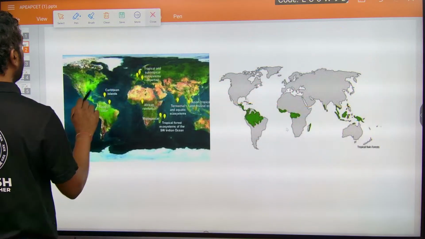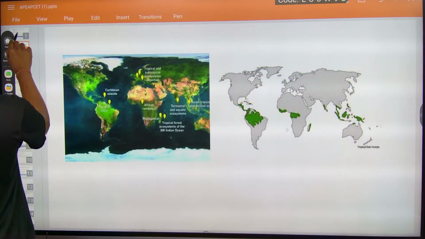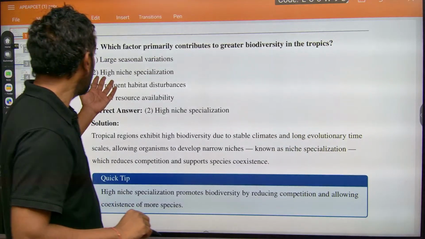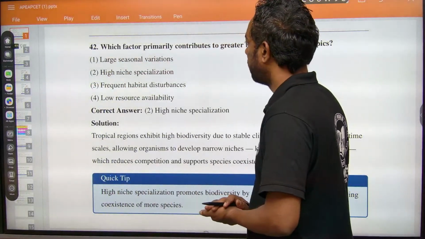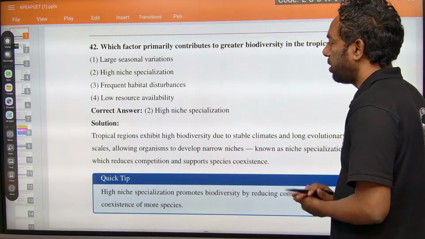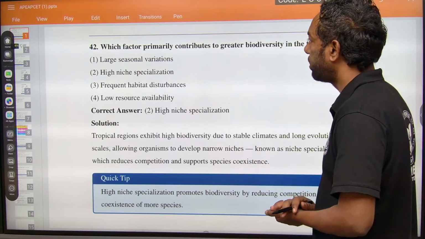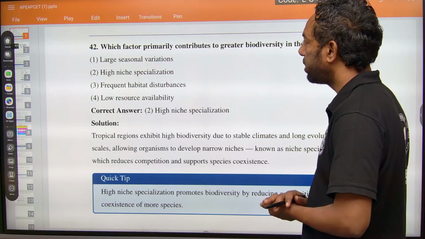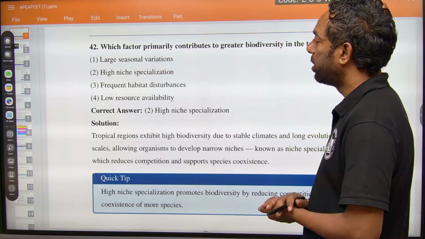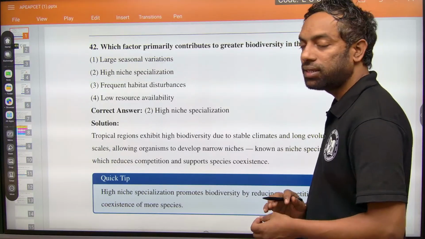So, we are going to discuss the options. The large seasonal variation is not the prime factor. High niche specialization, of course, is there in the tropical region.